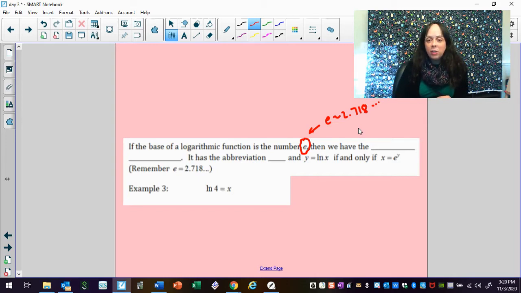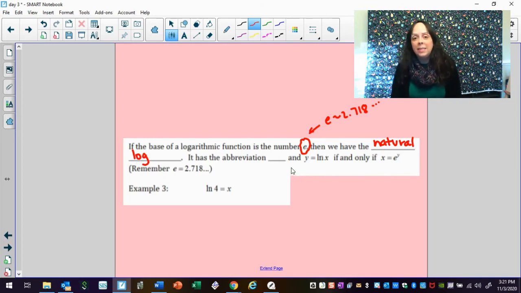If the base is your e value, then this is called a natural log. A natural log is when the base is e. It is abbreviated as ln. Pretend like it's French: log naturel. Yeah, ln is the natural log, okay?